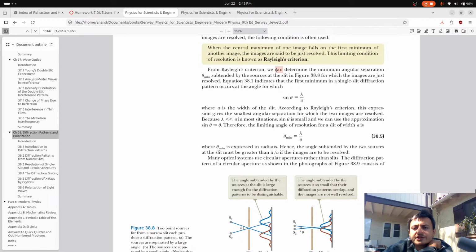From Rayleigh's criterion, we can determine the minimum angular separation theta min subtended by the sources at the slit for which the images are just resolved.